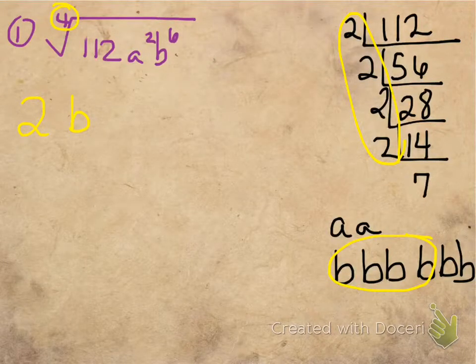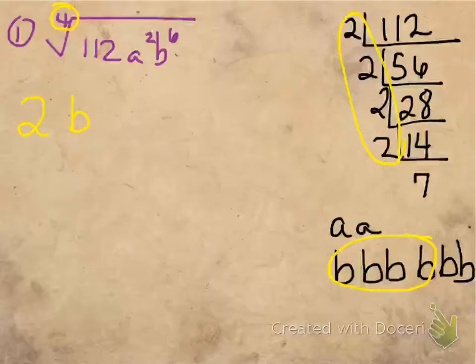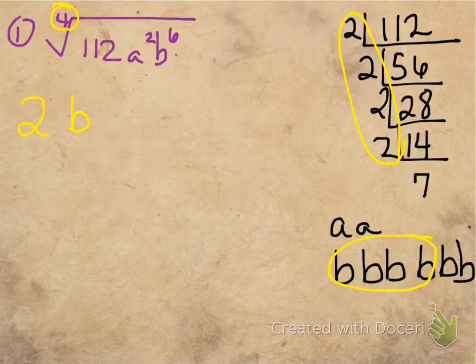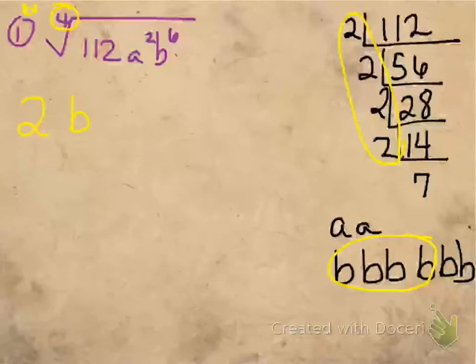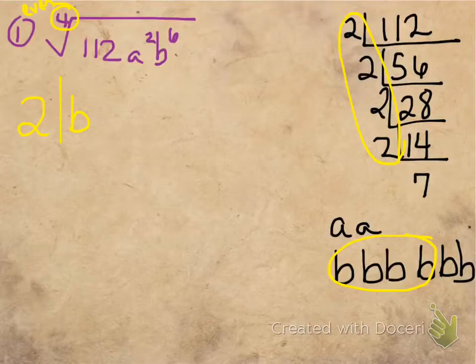Now, this is where the variables get a little tricky. Is your index up here even? Is that 4 even? Yes. If it's even, you have to put absolute value bars around your variable unless you're raising it to an even power.